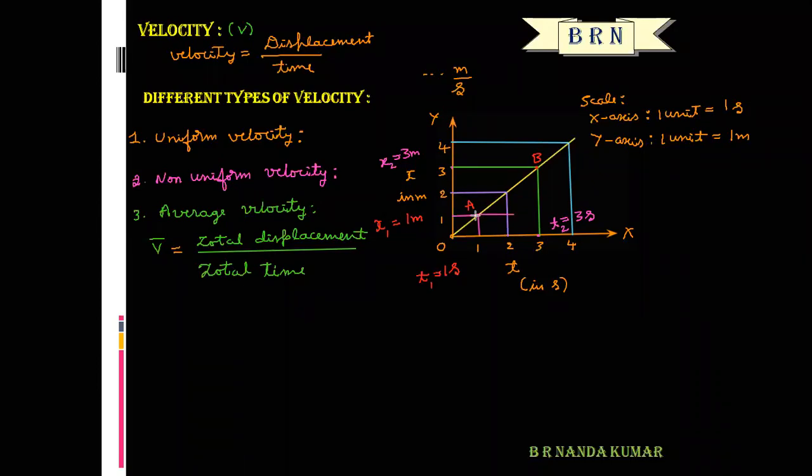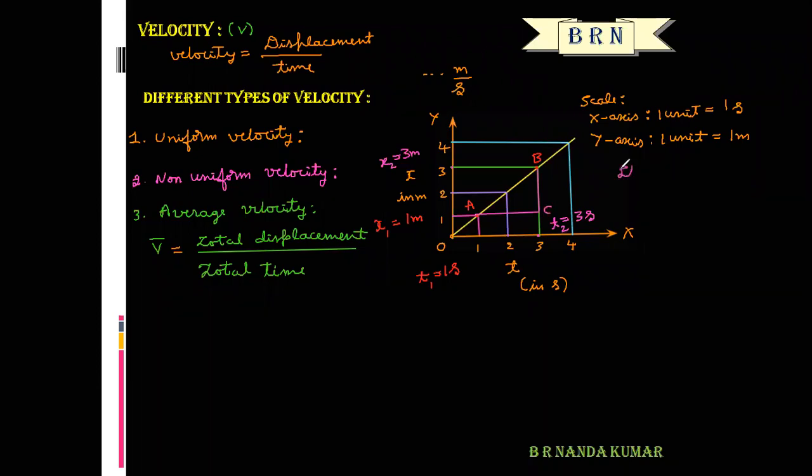So what is the meaning of slope? Slope means the ratio of vertical distance divided by horizontal distance between 2 points on a straight line.